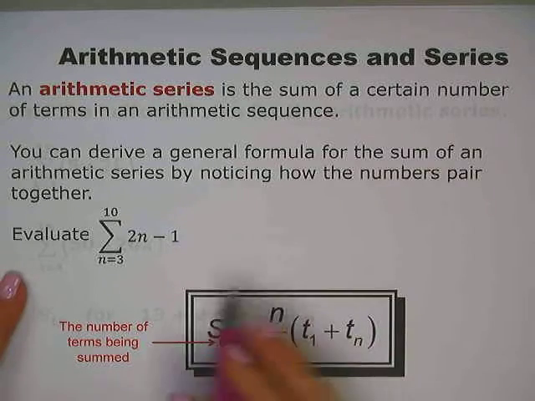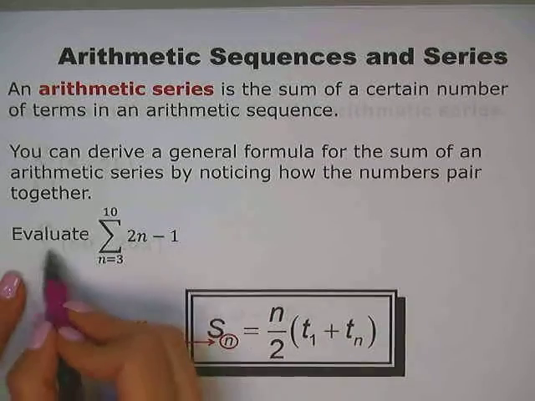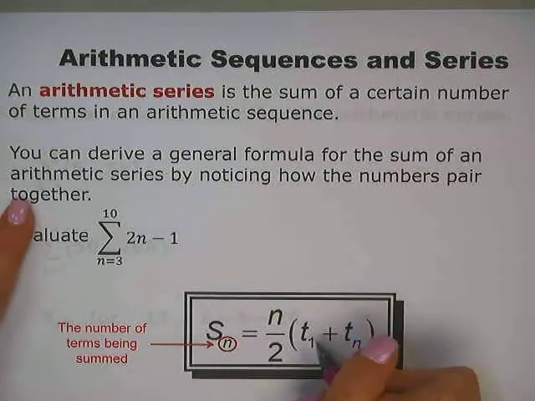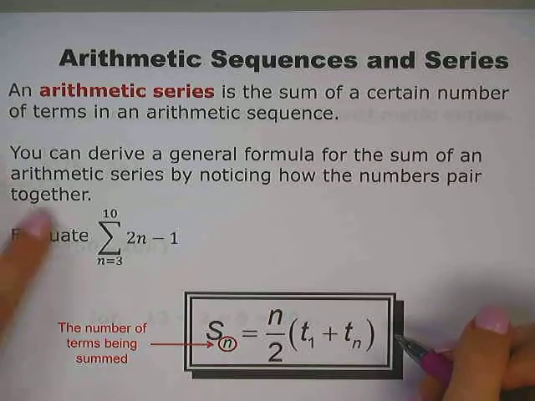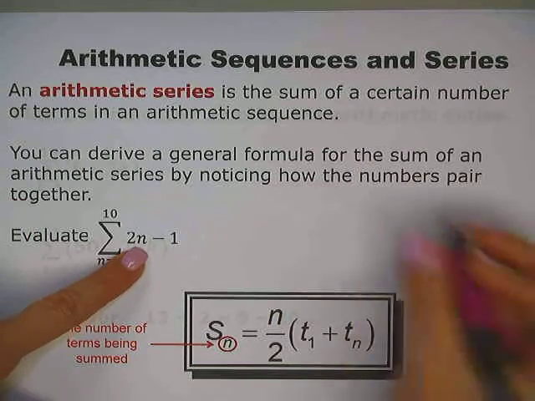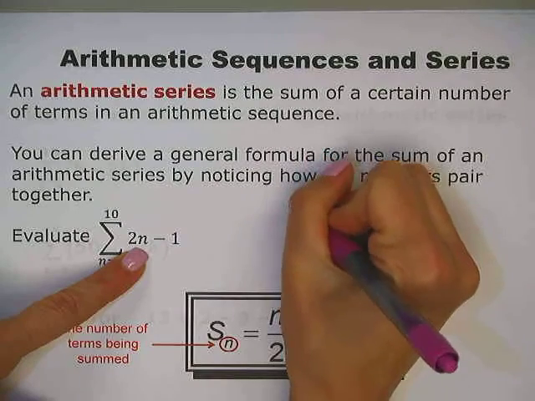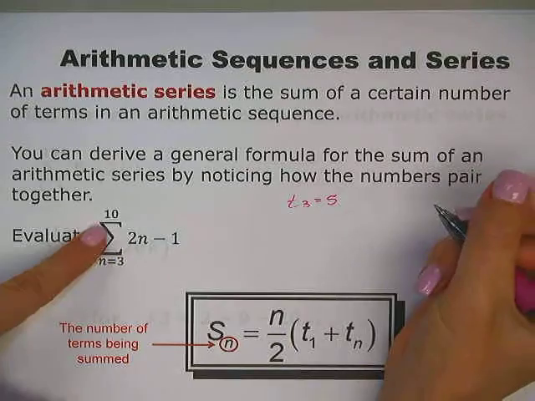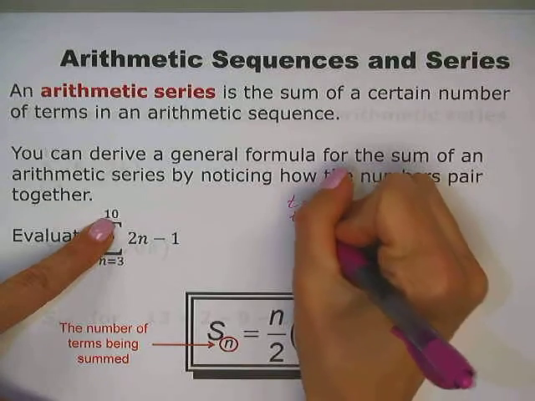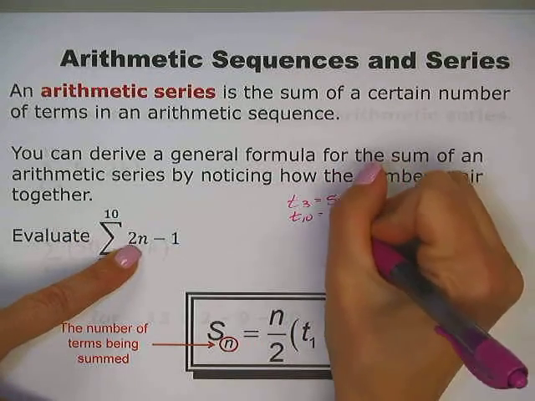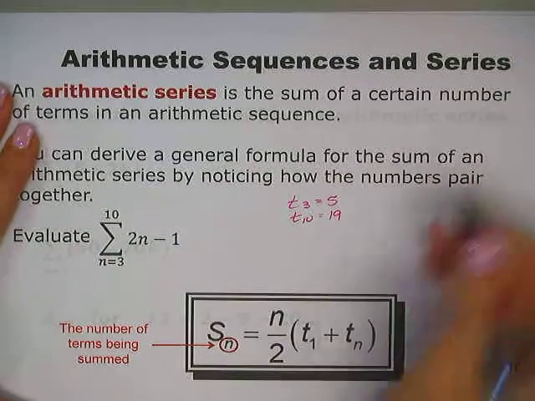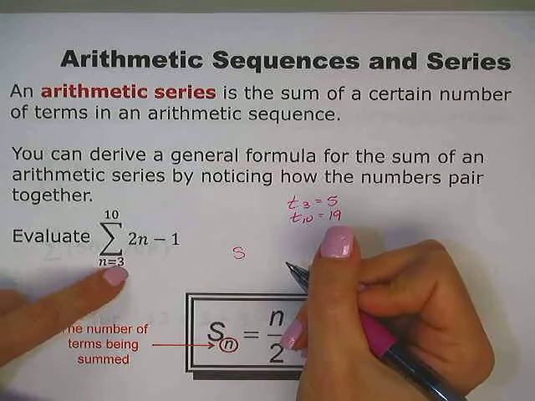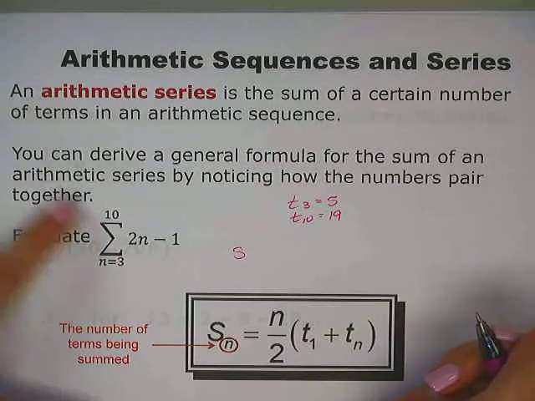So let's go ahead and see if I can evaluate this summation notation. Well, I need to find T1 and Tn, right? So I'm going to plug in 3 for n, and so T sub 3 would equal 2 times 3 minus 1, which is 5, and T of 10 would be 2 times 10 minus 1, so 19. As I plug it into this formula, how many terms is that from 3 to 10? That's 8 terms.